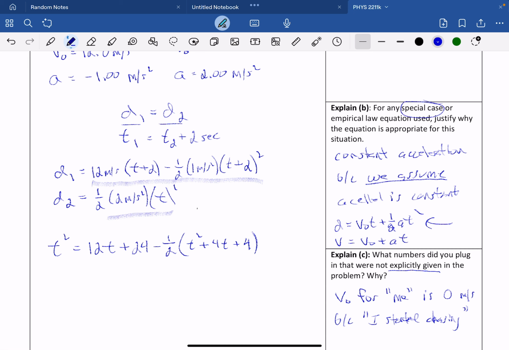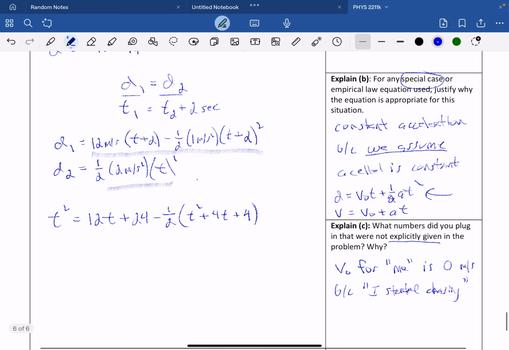All right, so let's try to simplify all this. This gives me t squared equals, well, let's just go ahead and keep the 12t and the 24. And then I get minus 1/2 t squared minus 2t minus 2.